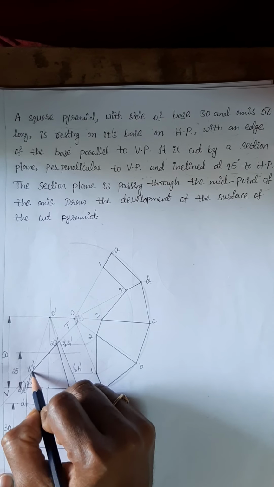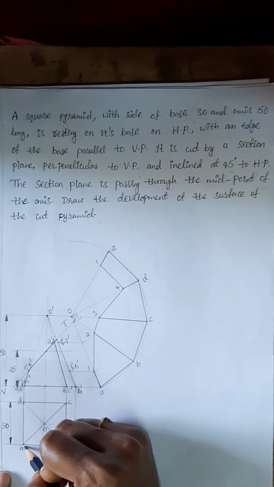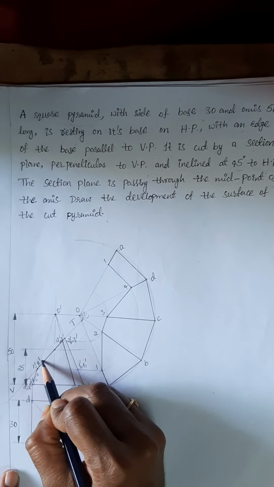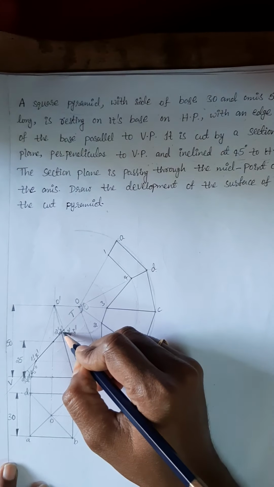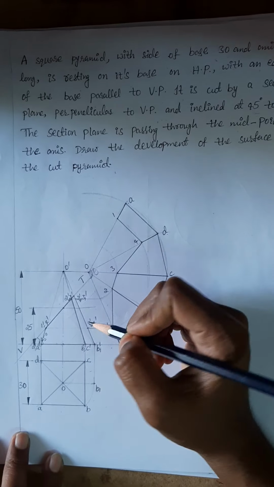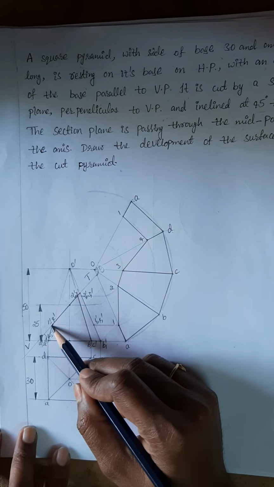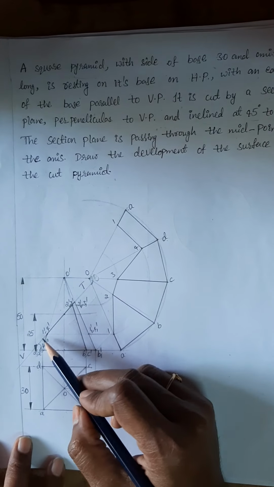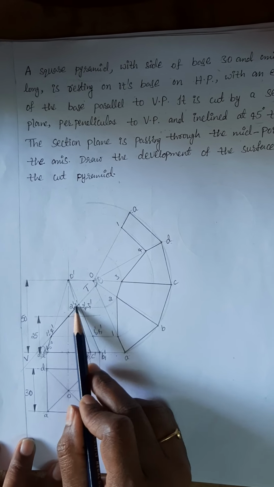The section plane cuts the A, D generator at 1 prime, 4 prime. Next it cuts the B, C generator at 2 prime, 3 prime. Okay, only 2 points we are sectioning in this pyramid. Okay, right? And then draw.